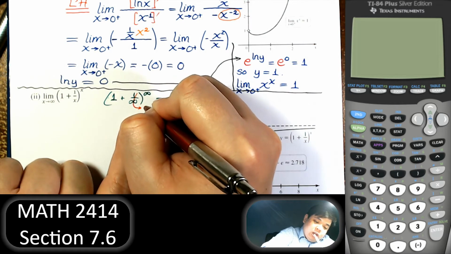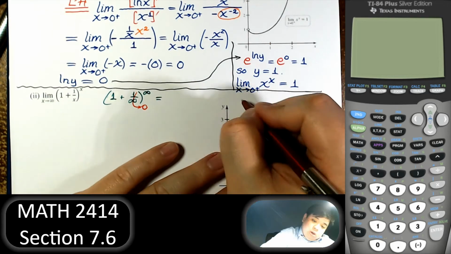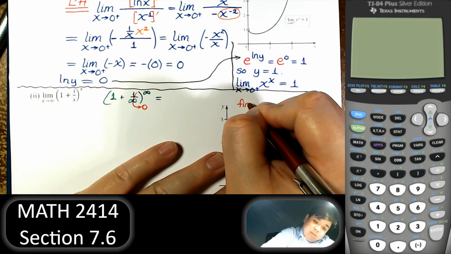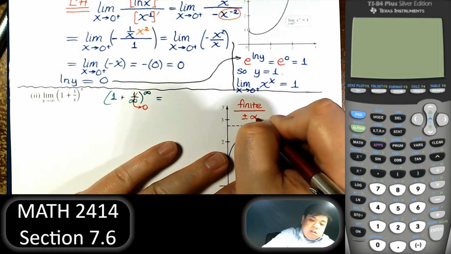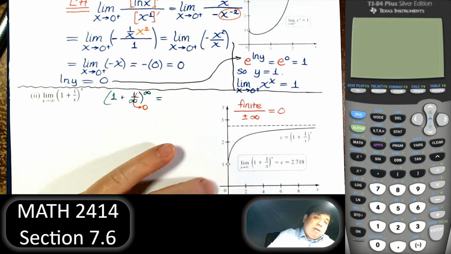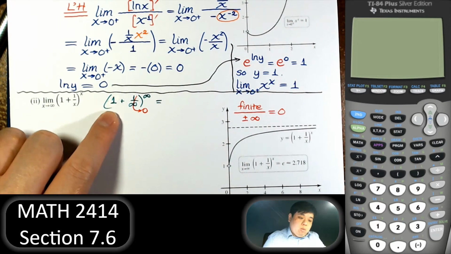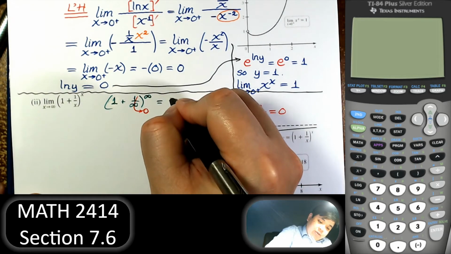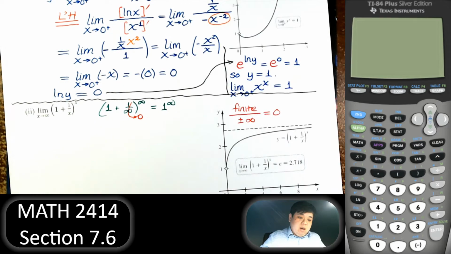Now 1 over infinity goes to 0 because we have a finite number on the top divided by infinity at the bottom. So when we have a finite number divided by either plus or minus infinity, it's going to be 0. So we just have 1 raised to the infinity power, and that of course is one of the indeterminate forms.